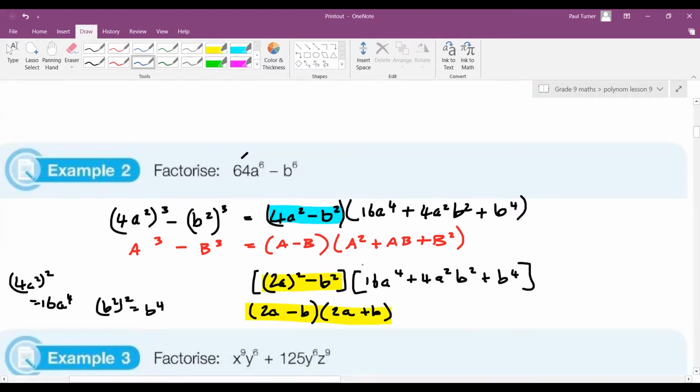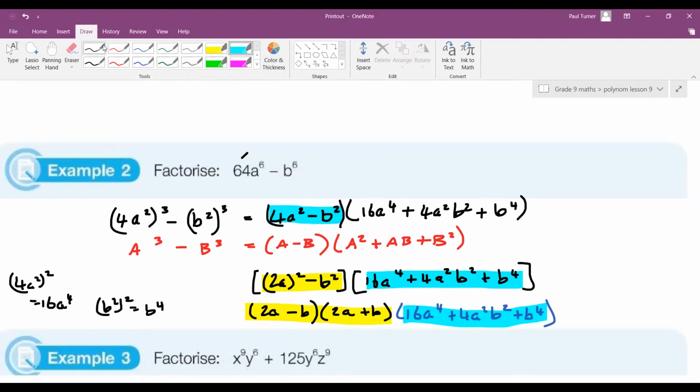And the second bit, we'll just copy down. 16a^4 plus 4a squared b squared plus b^4. Okay, that's the answer that they actually provide in the textbook. I'm not even sure they show this bit. I'd have to check. So that bit is here. Okay, that bit was actually yellow, so I guess we can fix the color.